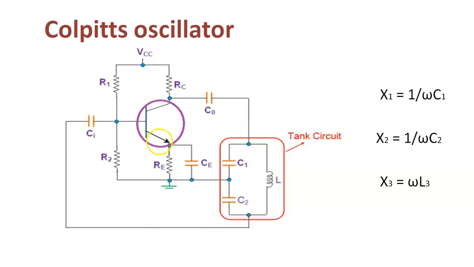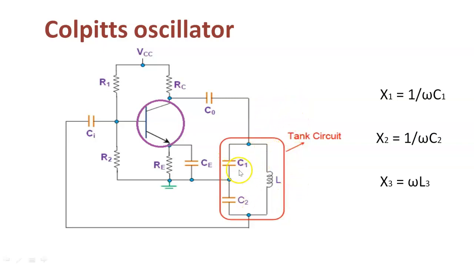This feedback signal is appropriately phased and amplified by the gain stage before being fed back into the circuit. The feedback network determines the frequency of oscillation and the waveform of the output signal.